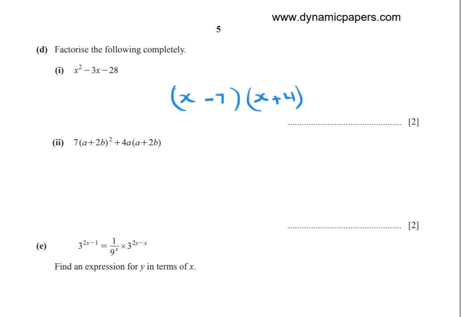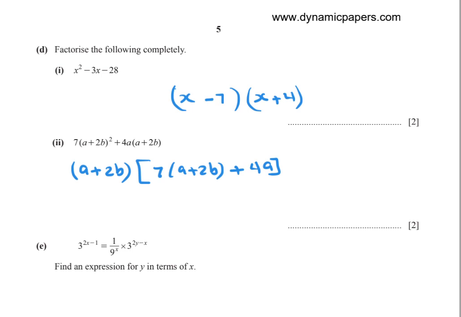Now part (ii). 7 times (a plus 2b) all squared plus 4a times (a plus 2b). The first step to factorize, if you have a common factor, extract the common factor. This bracket is common, a plus 2b. So now we can take a plus 2b common. Now you are left with 7 times (a plus 2b), because power 2 means we have 2 brackets. So if you took one of them common, you have 1 left, plus 4a.